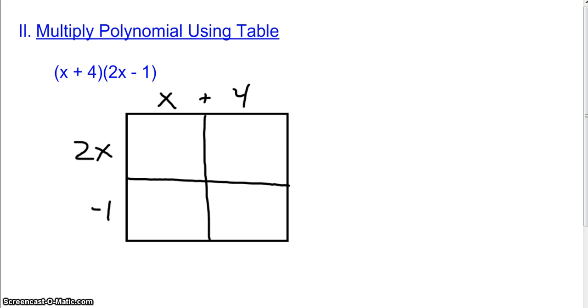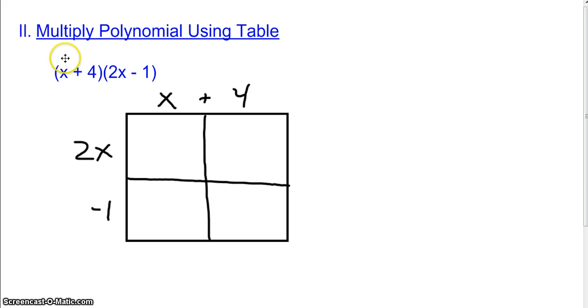Good. Okay, let's multiply 2 binomials. So we have x plus 4 times 2x minus 1. So one way we could do that, draw yourself a little table. And in this way we can show that each term in each binomial ends up multiplying to each term in the other.